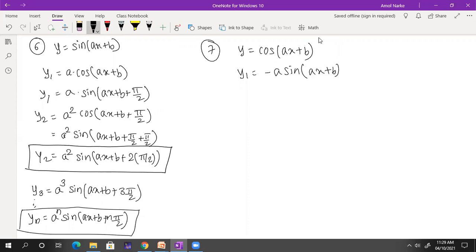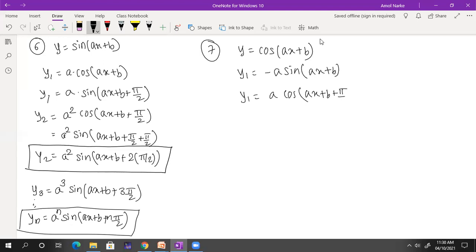So how can I write down my y1? So a cos of ax plus b plus pi by 2, instead of sine, I can write down directly cos. And what will I get? ax plus b plus pi by 2.